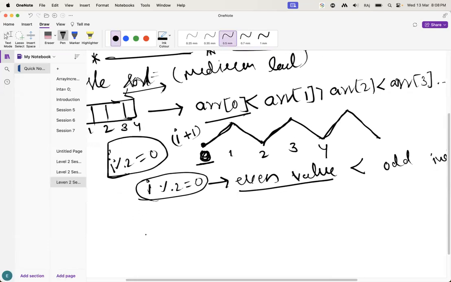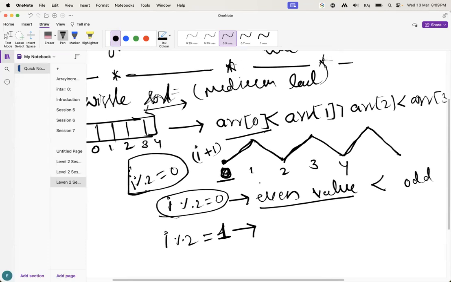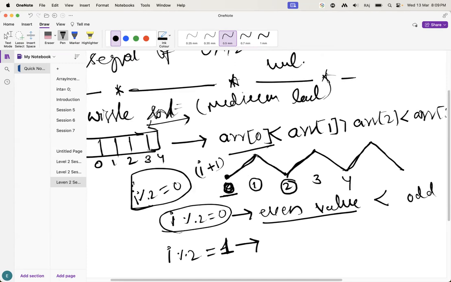And one thing you have to compare here: I percentage 2 equal to 1. That means odd. You can see odd index values are always greater than the next index value.